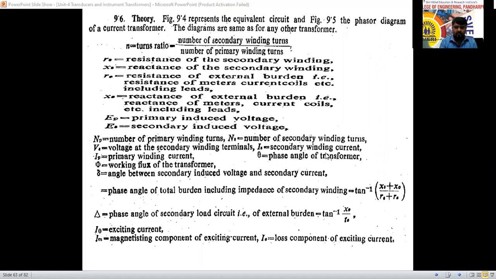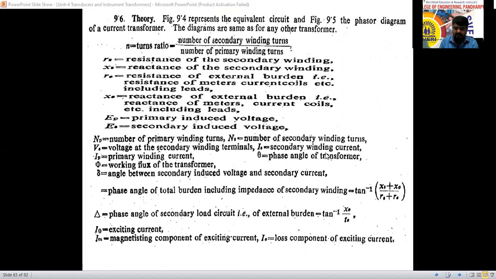I have directly taken your joined list and have not taken your roll numbers, so I will take the attendance. Roll number 1 is present. 2, 3, 4, 5.